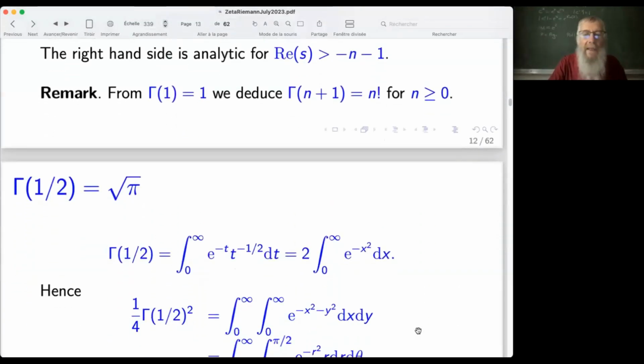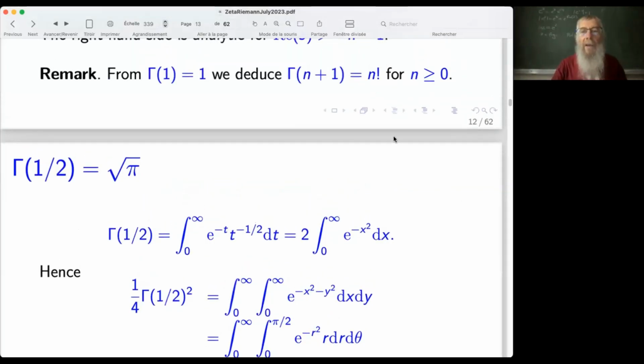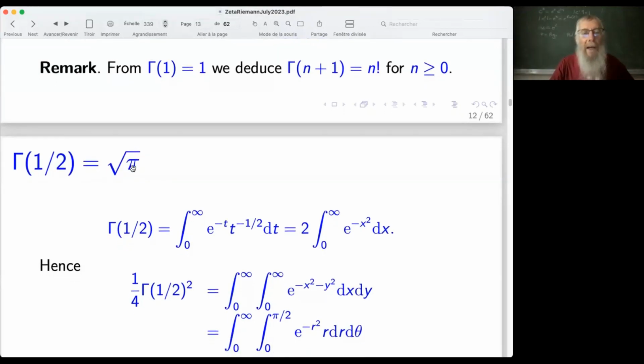We will be interested in special values of the gamma function, and I start with gamma of 1/2. So gamma of 1/2 is not given by a factorial. It would be for n equal minus 1/2, which does not make sense. But gamma of 1/2 can be computed, not too difficultly, and it is the square root of pi.